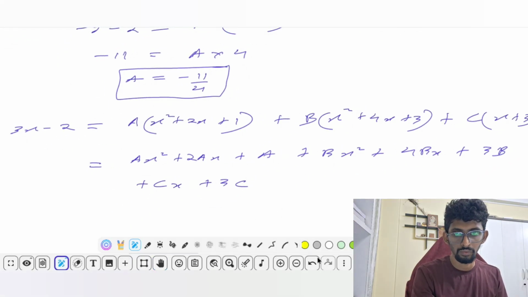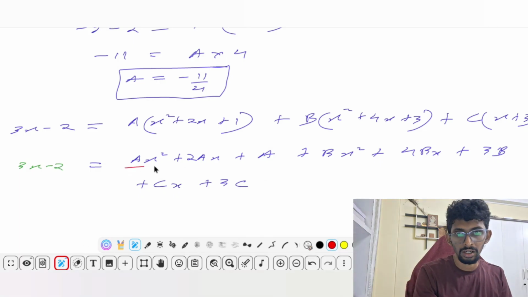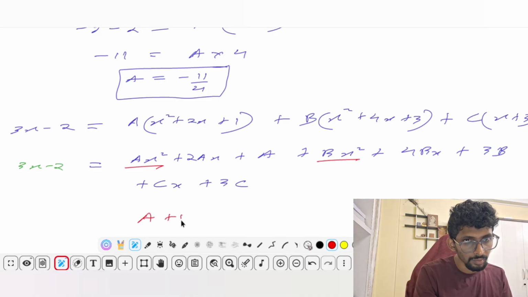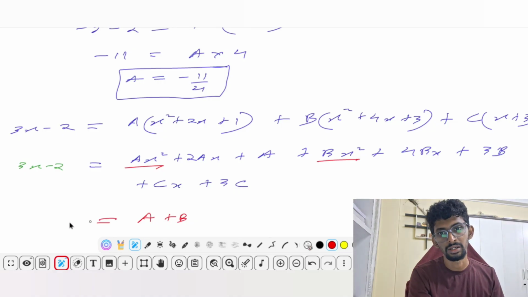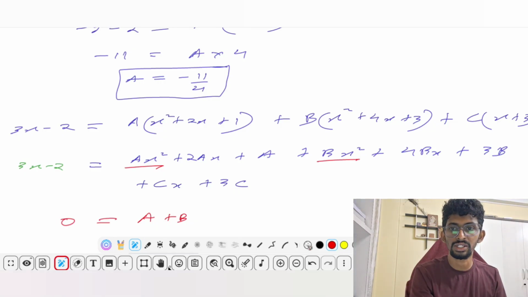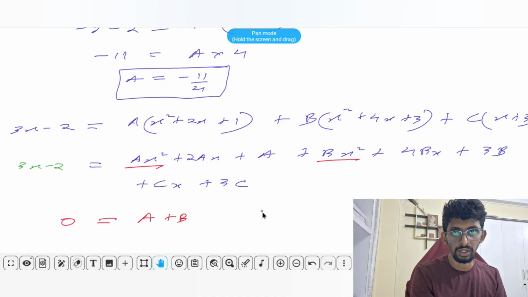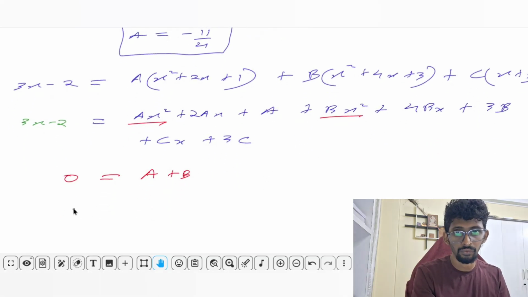what we will do, we will equate the coefficient of x square. In LHS, x square is not there because it's only 3x minus 2. And in RHS, the coefficient of x square will be a plus b, and only a plus b. So a plus b will be equal to 0. Okay, so what is a? A was minus 11 by 4.